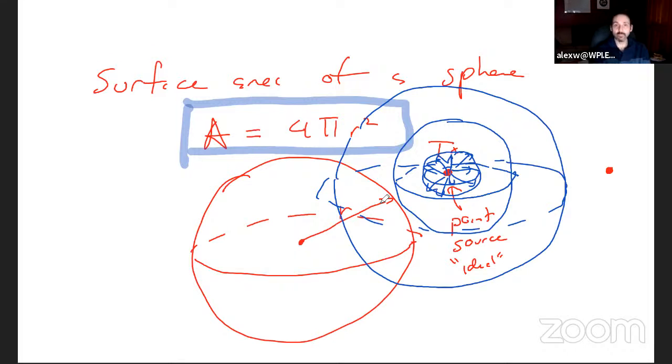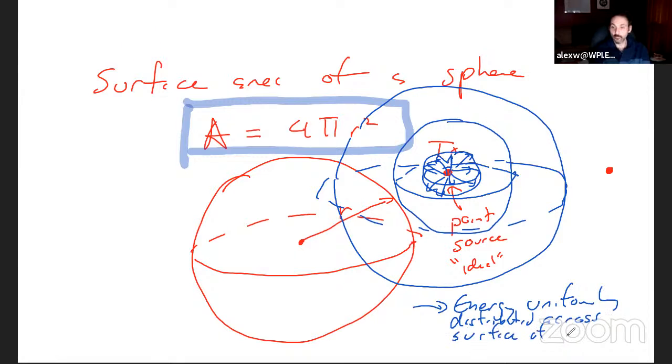A couple of things to note. First of all, the energy produced by the point source is uniformly distributed across the surface of the sphere.